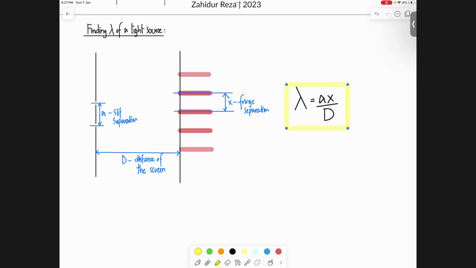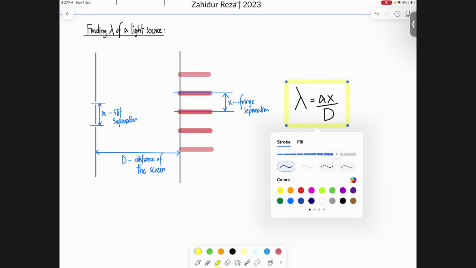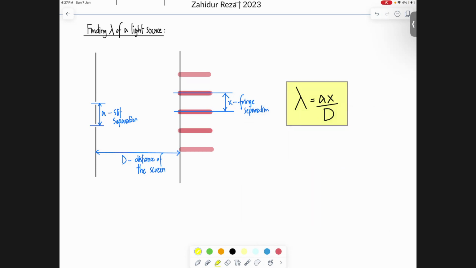So if you measure A, X and D in your experiment, it'll give you your wavelength. That's very handy because back then there was no way to find the wavelength of light. Now we have other ways, but back then there weren't any. That's why it was very famous.